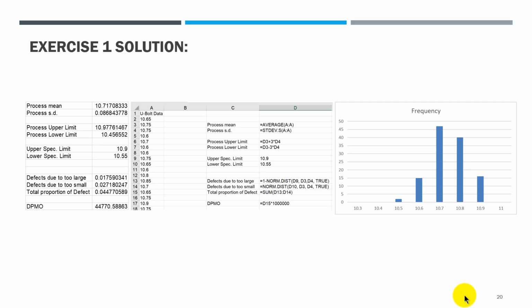So let's take a look here. We have process mean as 10.7.